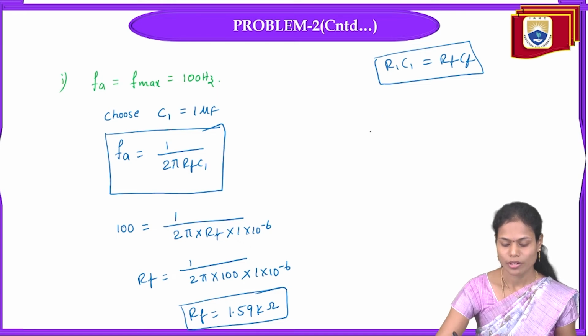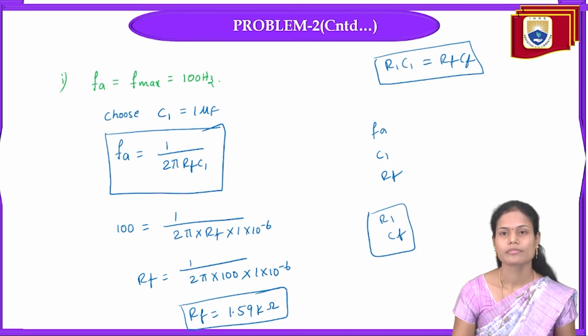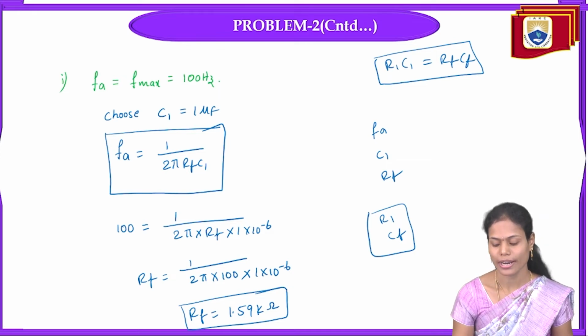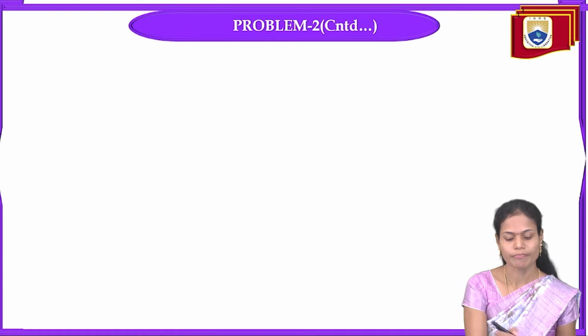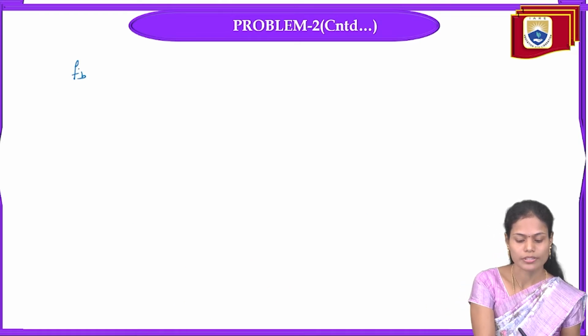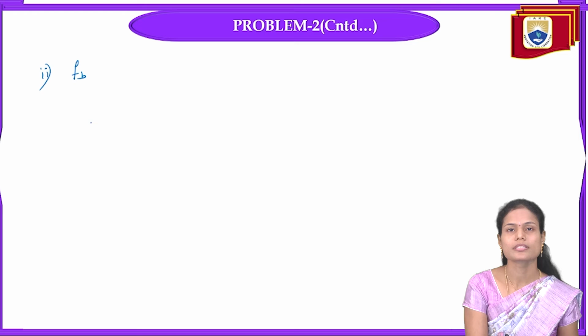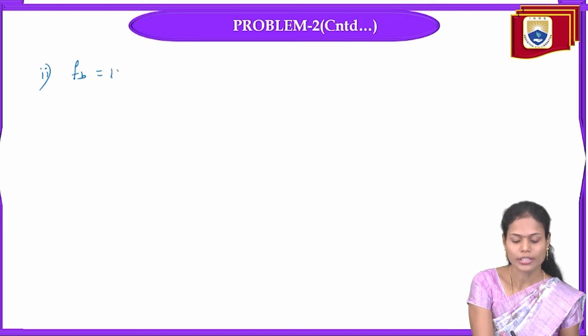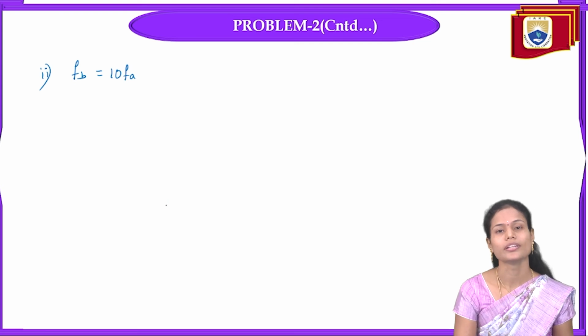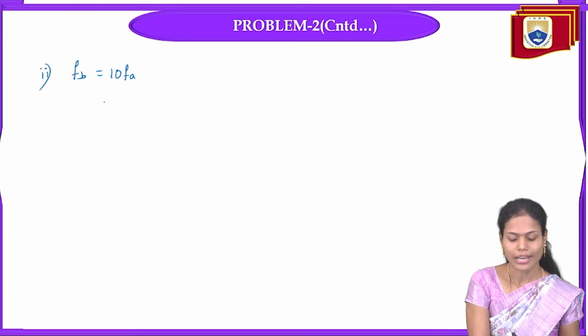So now we know the values of Fa, C1 and RF. Next we need to find the values of R1 and CF. For that, the second step is to take the second cutoff frequency FB, which should always be 10 times the first cutoff frequency Fa.